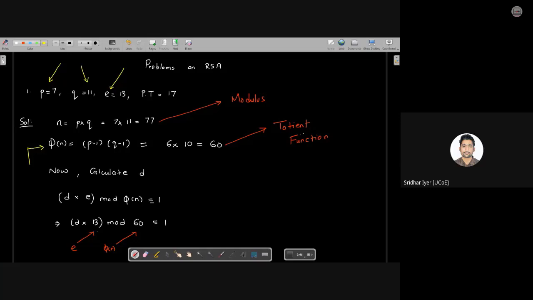Similar to Fermat's theorem and the Chinese remainder theorem, we multiply d with 13 and take mod 60. For whichever value of d you get the remainder as 1, that is your value of d.